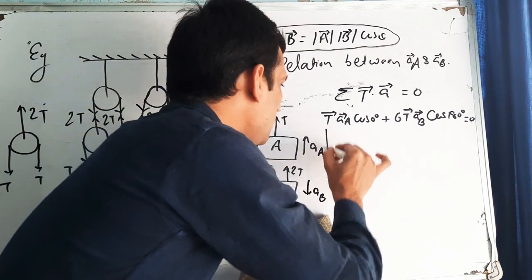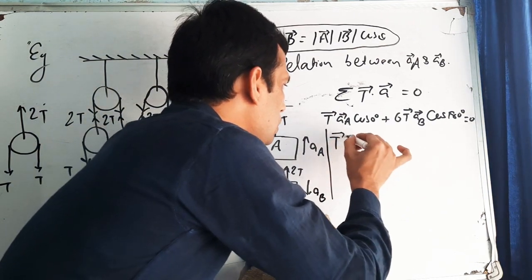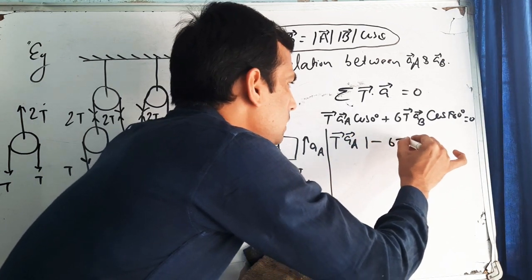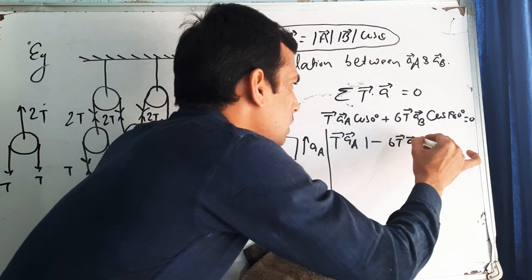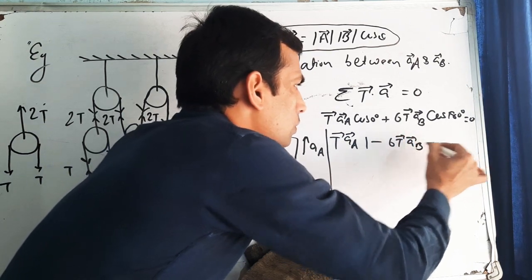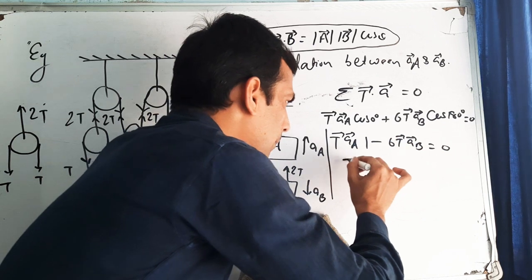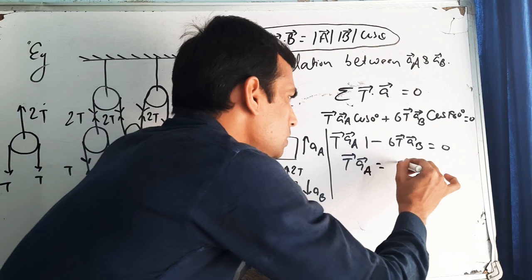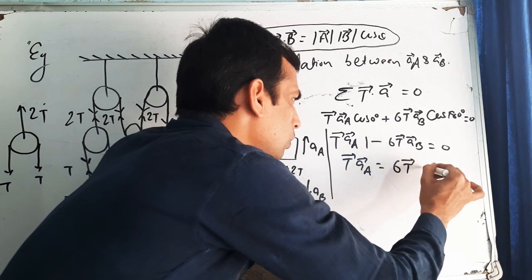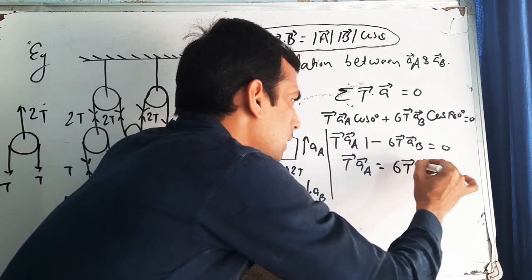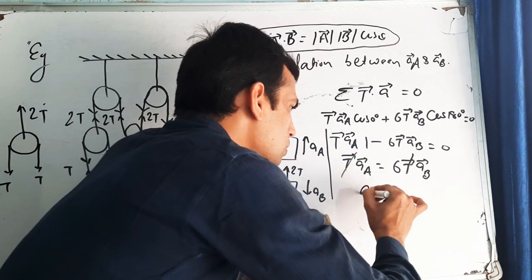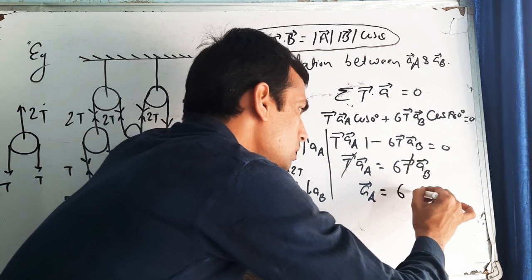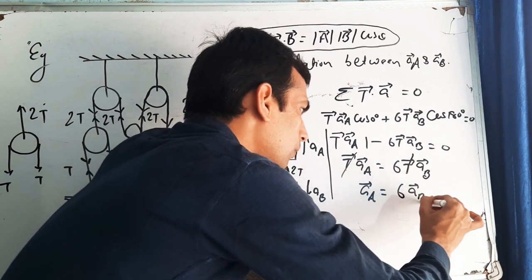So this is T into acceleration of A into 1 minus 4T into acceleration of B, which is equal to 0. T gets cancelled. So this is the relation: acceleration of A is equal to 4 times acceleration of B.